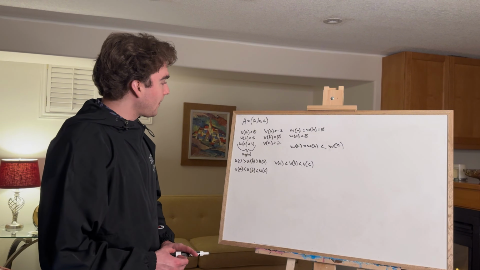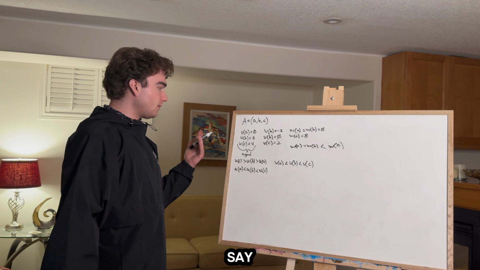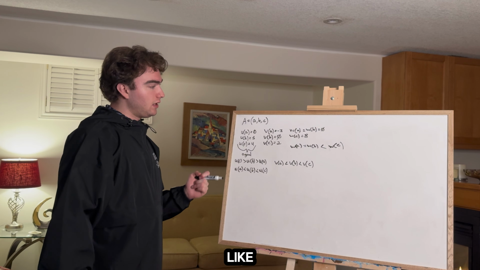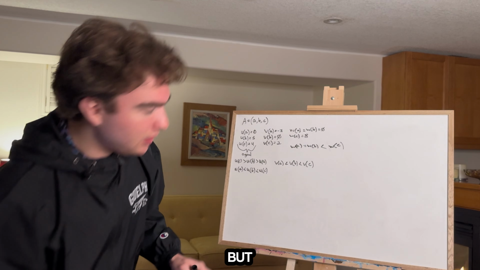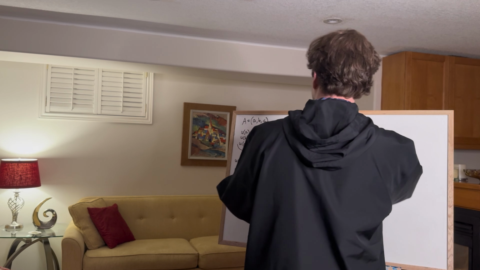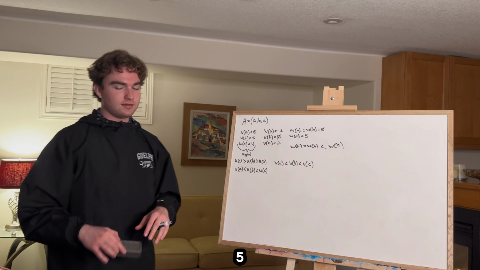Like, you may have gotten confused. Let's make this argument. Let's say this was 1 and 4 and 0, like it is here. But let's say this is, instead of being 8, this is 5. Okay? Let's say that's 5.